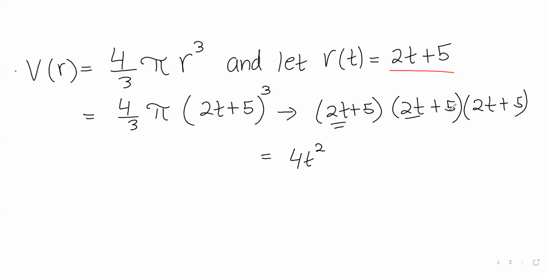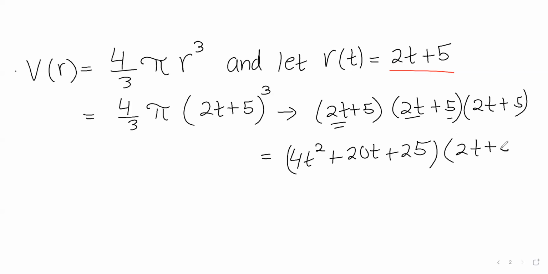My outer would be 10t. My inner would be 10t. So that would give me 20t. And then multiplying my last terms, 5 times 5, gives me 25.